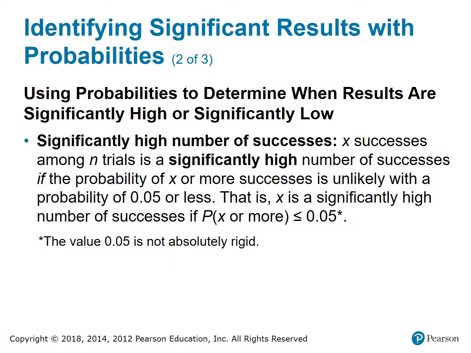Okay. Using probabilities to determine when results are significantly high or significantly low. So with X successes among N trials, it is a significantly high number of successes if the probability of X or more successes is unlikely, with a probability of 0.05 or less.